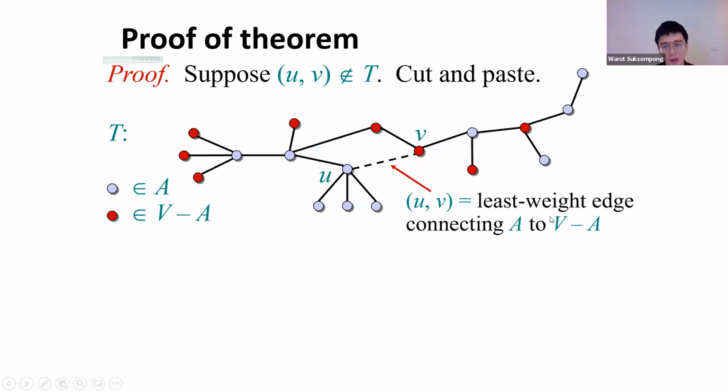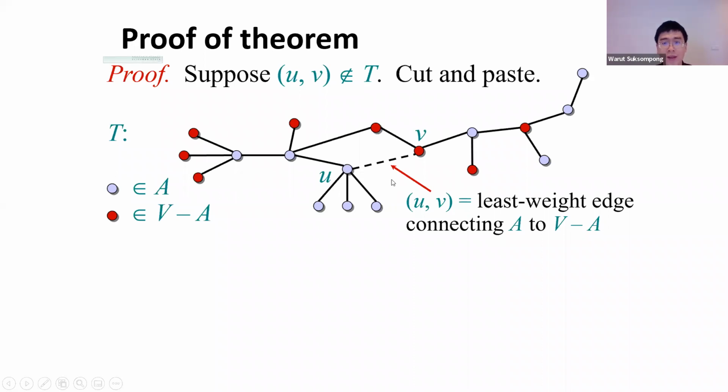Okay, so in order to prove this, again, we can use cut and paste. Remember, A is any subset of the vertices, so maybe it's these light blue vertices, and V minus A is this set of red vertices.